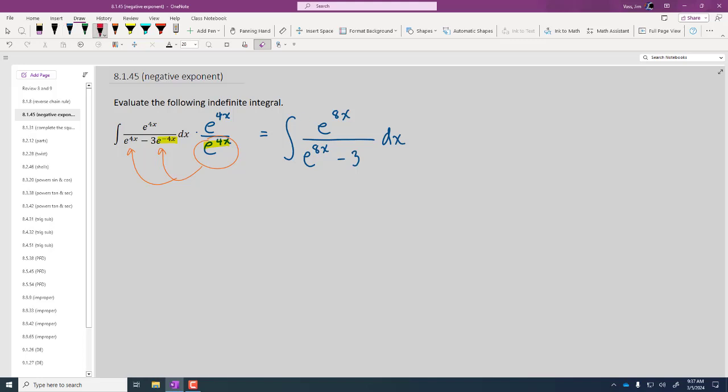So we're going to put an 8 up here, and to balance that out, we put an 8 in the bottom. We've just multiplied by 1. We've now put it in logarithmic form. The 1/8 is out in front. And then we have natural log absolute value of the entire denominator plus c.